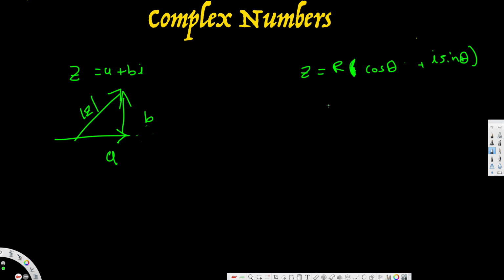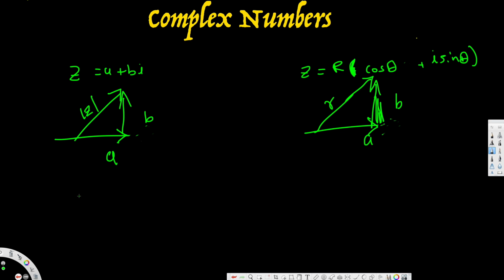Now how does it look for polar form? It is a similar thing. Again, a is the x-axis, and b is the y-axis, and the hypotenuse is going to be the absolute value.